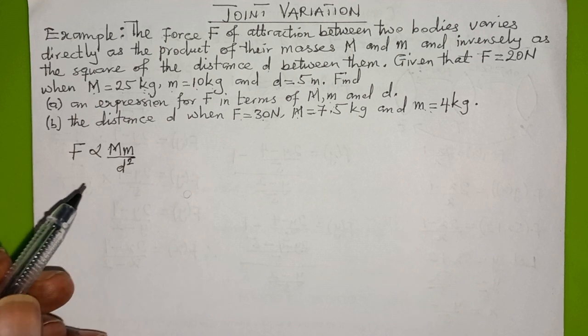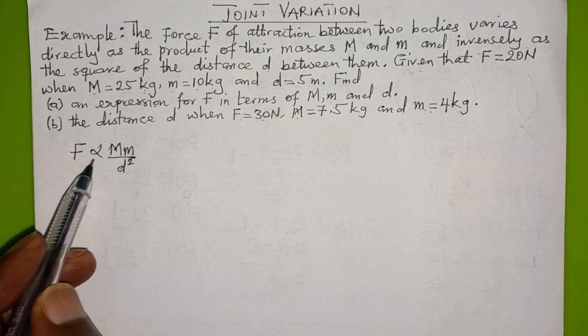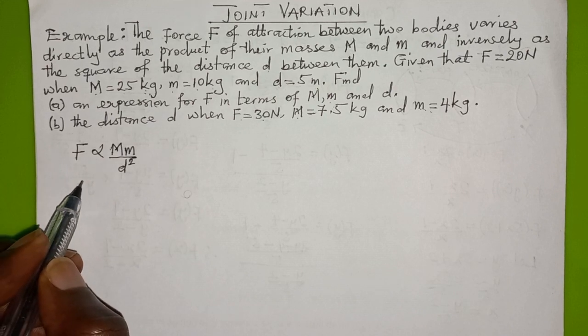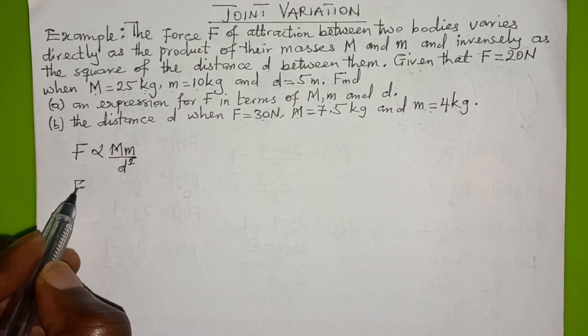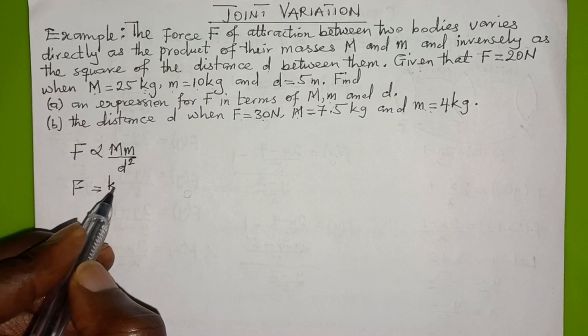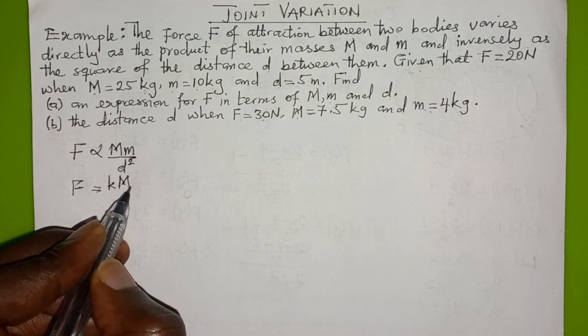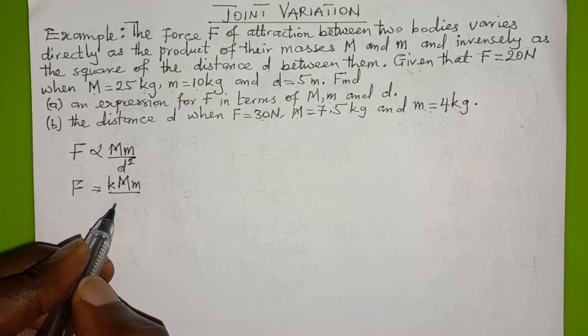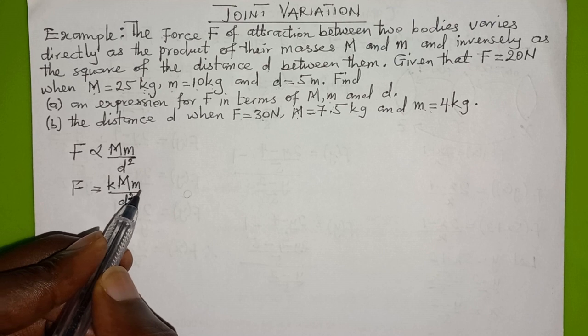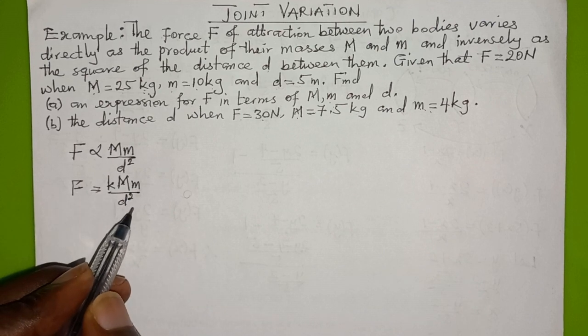All right, so the next thing that we need to do is to change the variation sign into an equal sign. By doing so, that will become F equals, and we have to introduce our constant of proportionality, which is K. So this will become K M multiplied by a smaller m over d squared.